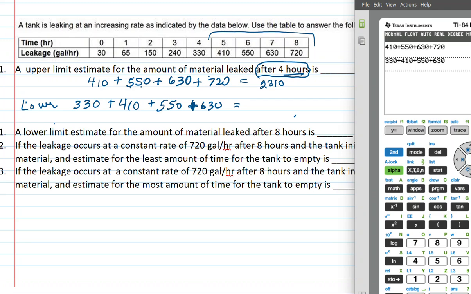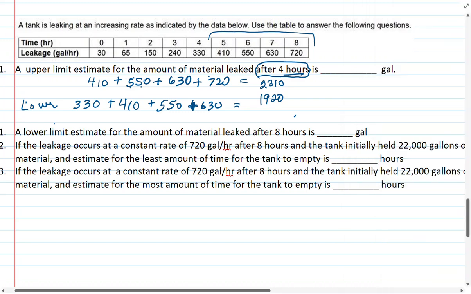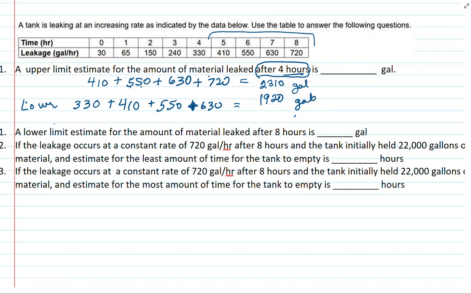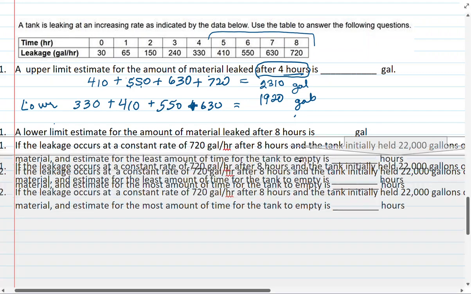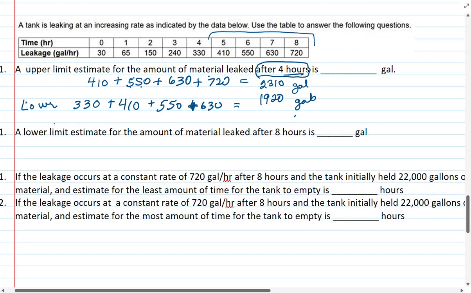That's what I asked you. What did you see? What did you understand? An hour. It's per hour. Okay, so I have the 2 gallons. It wanted lower and upper after 8 hours. All right.